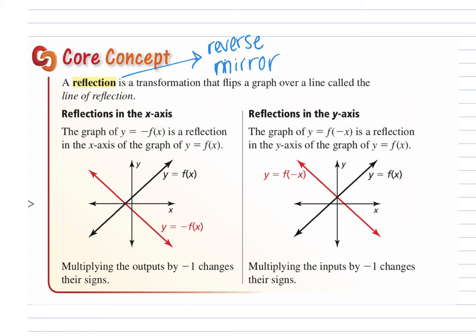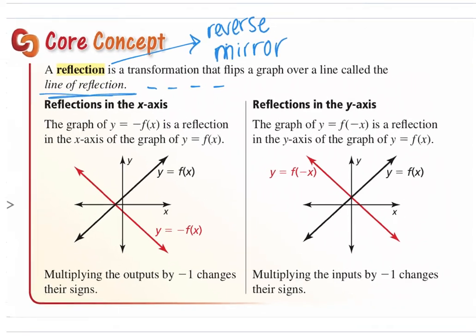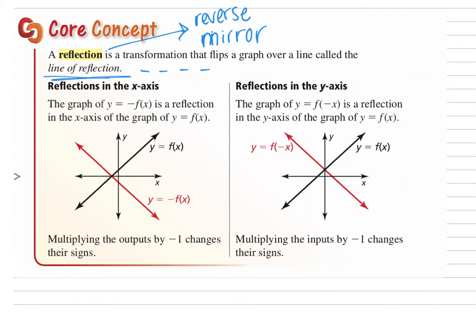Okay, so a reflection is the transformation that flips a graph over a line called the line of reflection. In every single one of our graphs that involves a reflection, we're going to have a line of reflection and we're going to put it as a dotted line. Now, there are 2 types of reflections.